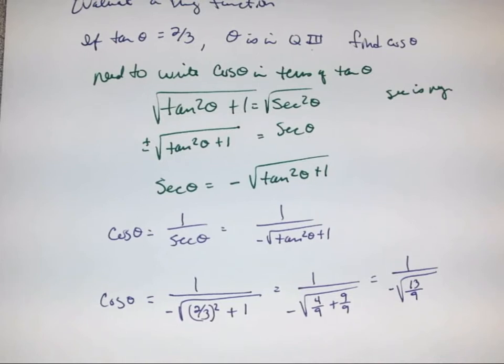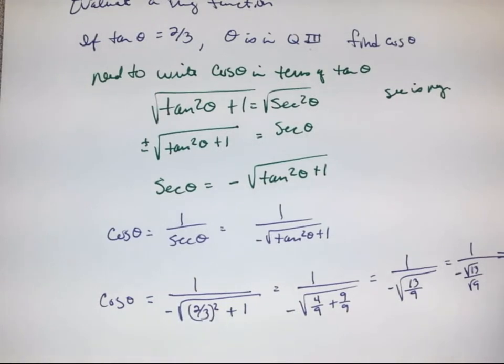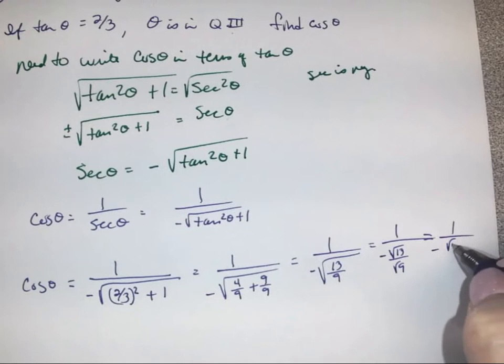And then I can rewrite this as two separate radicals. So 1 over negative square root of 13 over the square root of 9. So that'll equal 1 over the negative of square root of 13 over 3. Gets us a little more simplified.